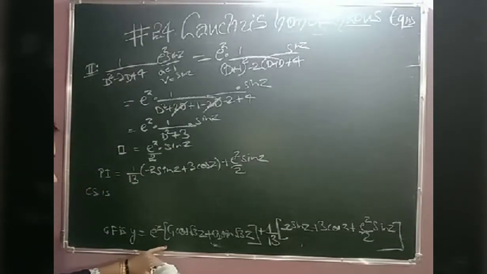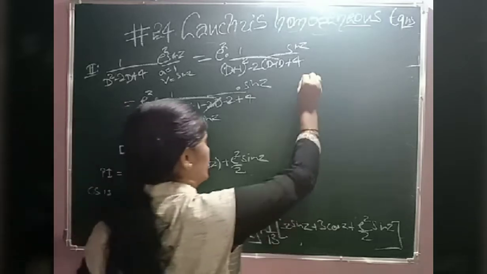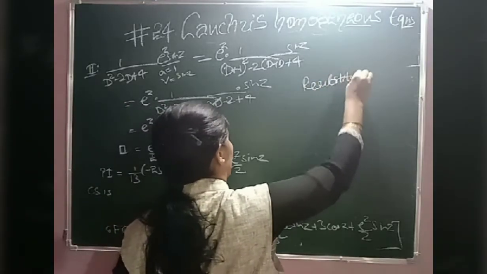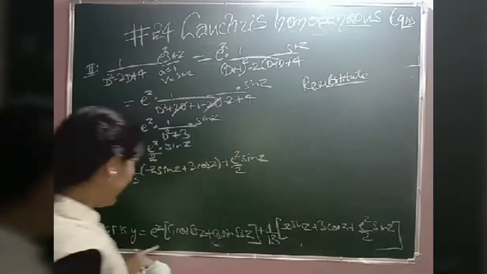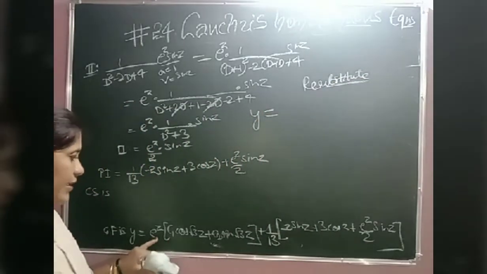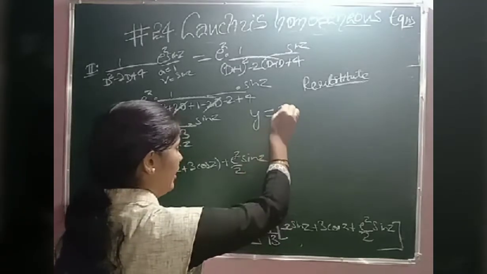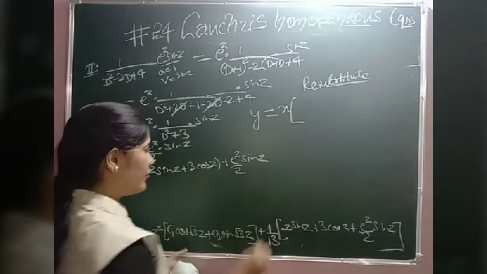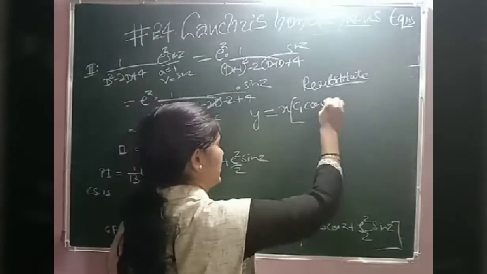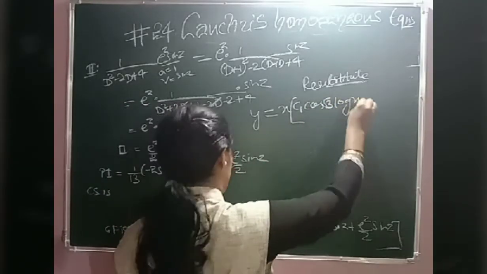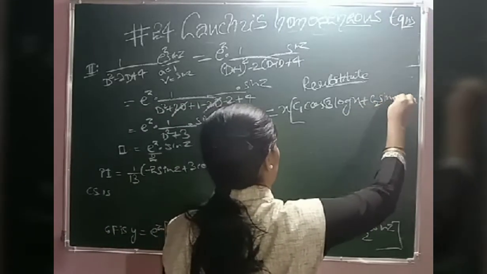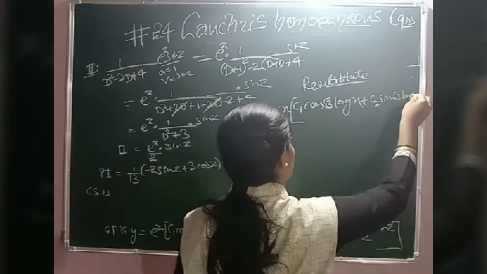So this is our solution, but this is in z form. So let us write this in x form, resubstituting. What do we get? y equal to e power z is nothing but x. C1 cos root 3 as it is, what is z? Log x. Plus C2 sin root 3 z, z is log x.